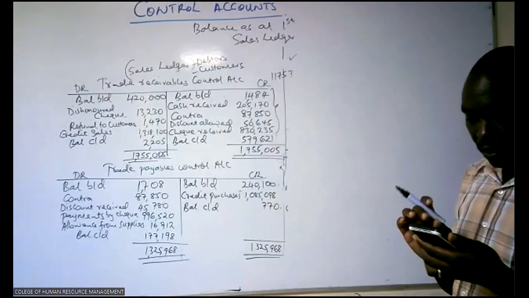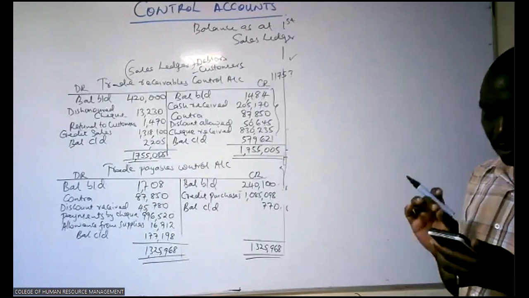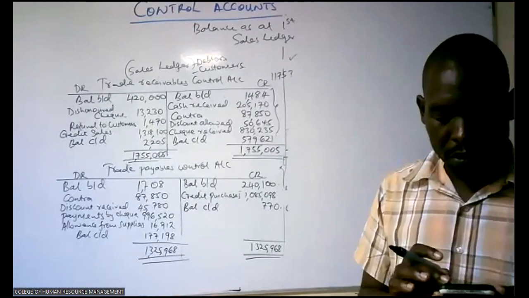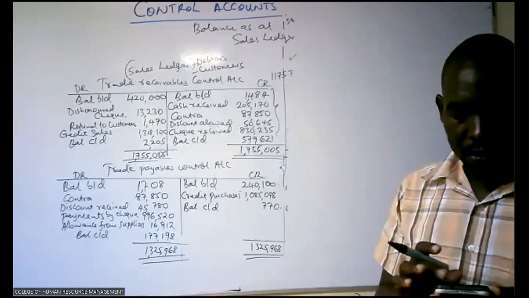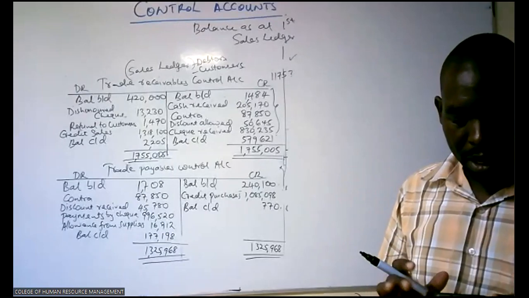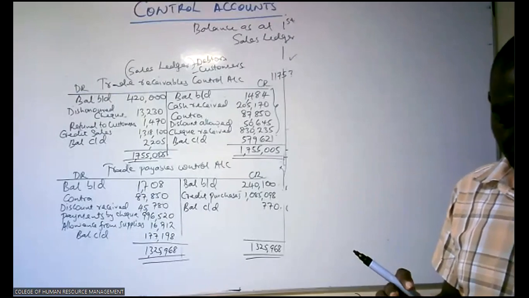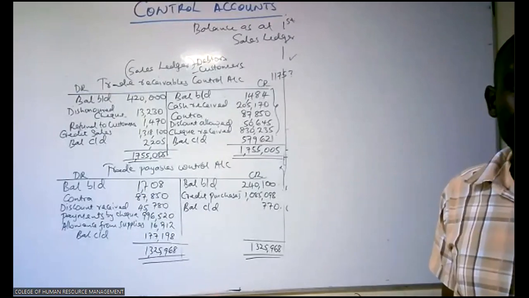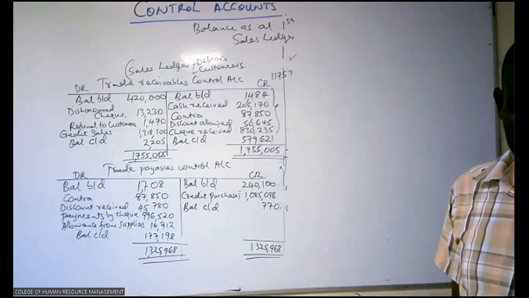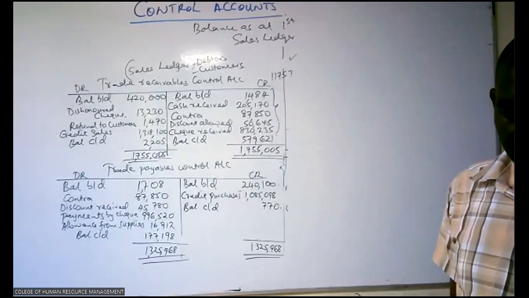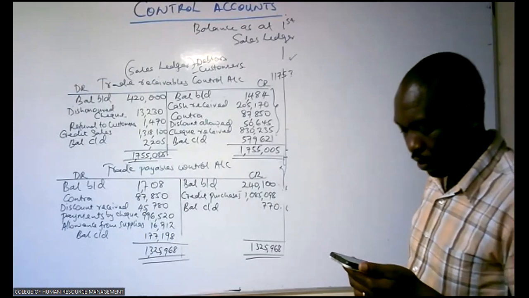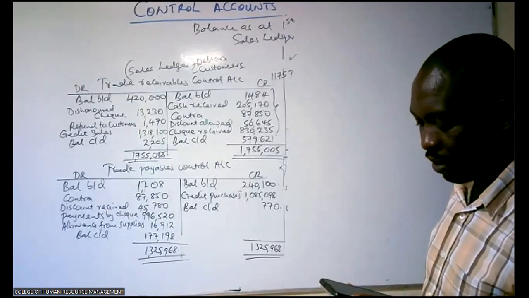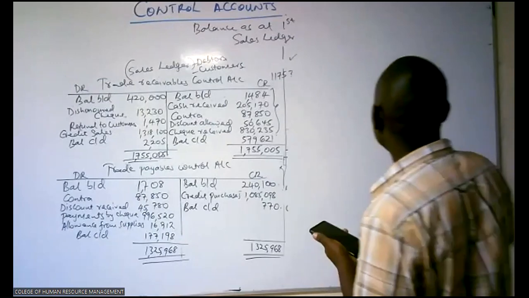It says that the following information was extracted from the books of Future Traders for the month of October 2019. So we are given the opening balances, transactions during the month, and the closing balances. Let us do the sales ledger control account and the purchases ledger control account as at 1st October 2019.